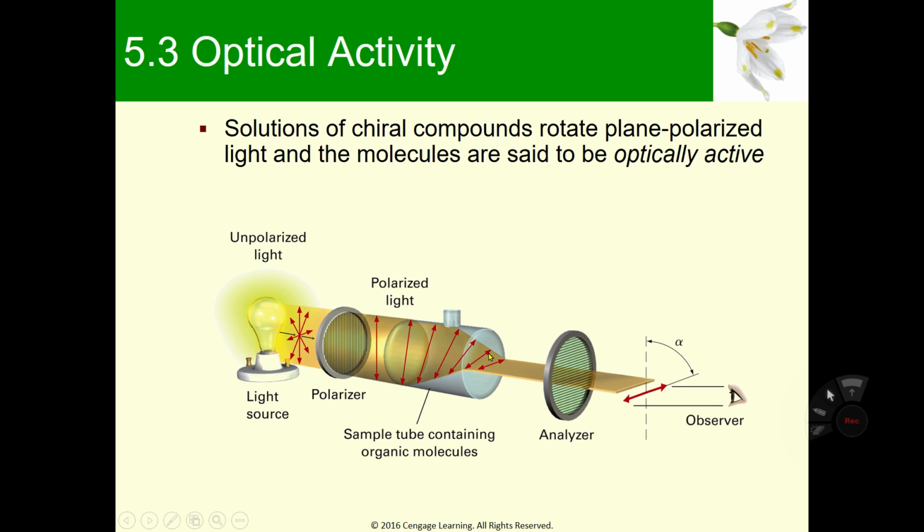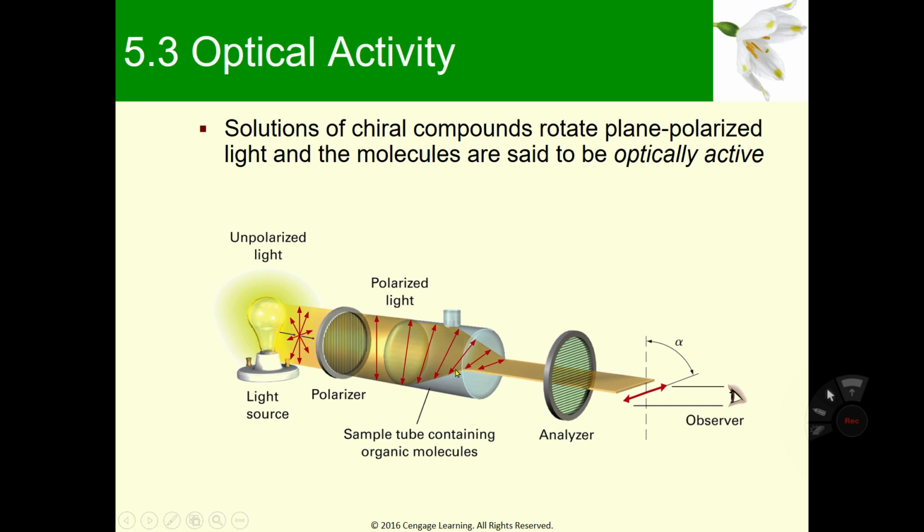In that way, you can measure how many degrees it was rotated by looking at the light from this analyzer. Here are your eyes. You rotate the analyzer until you see the light, and then you measure the angle you rotated, and the angle you rotated is alpha.